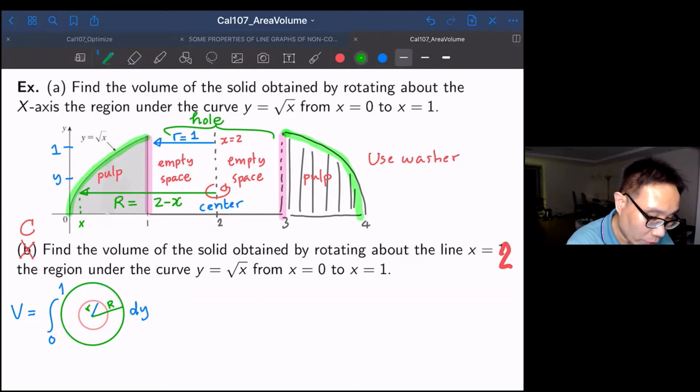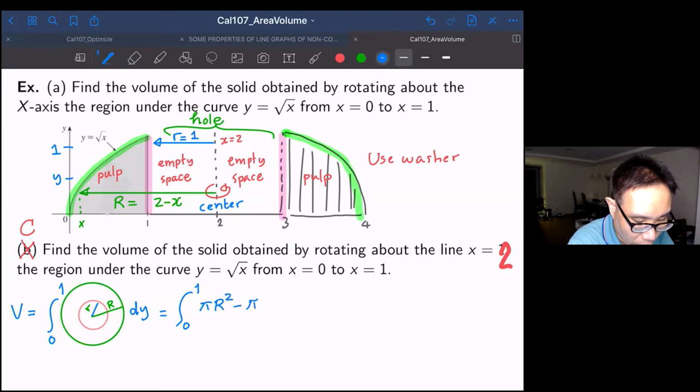So for this guy, it's going to be integrate from 0 to 1 of pi capital R squared minus pi small r squared dy.